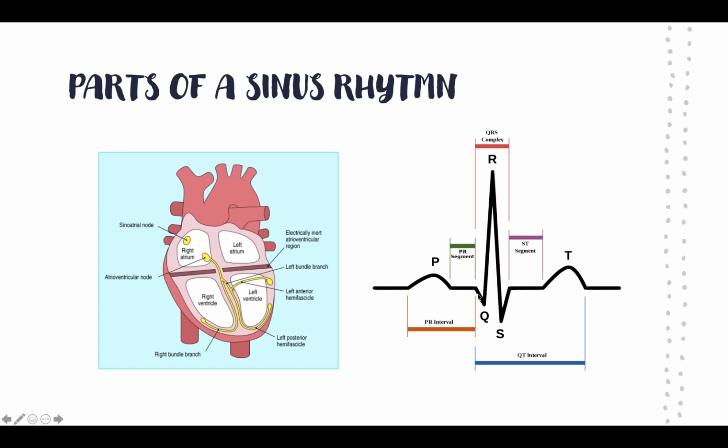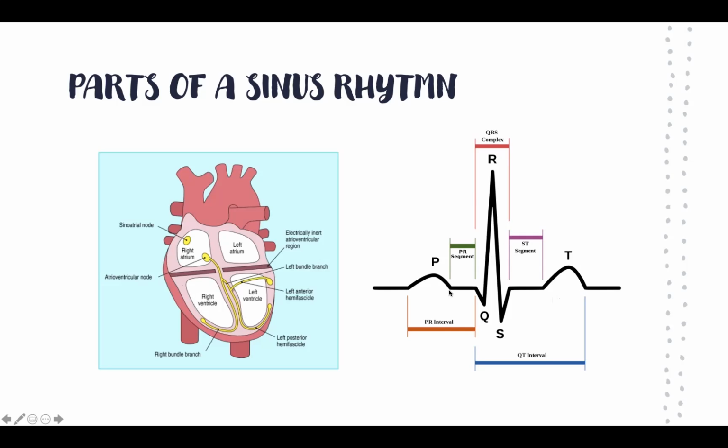Then our QRS complex represents the signal resulting in ventricular depolarization. And then we've got the T wave, which represents ventricular repolarization. So ventricular depolarization for the QRS, ventricular repolarization for the T wave.